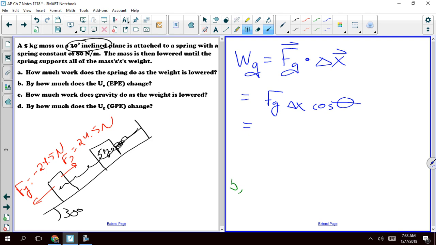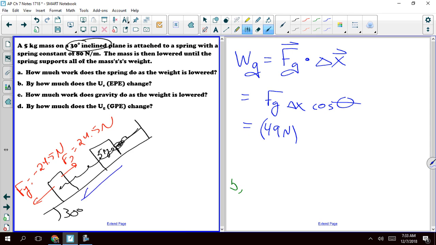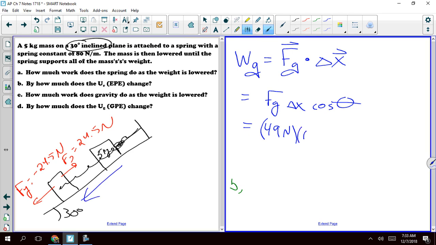So our force of gravity is 49 newtons. Our displacement, how far the thing is going to slide down the ramp, is that 0.30625 times the cosine of the angle.